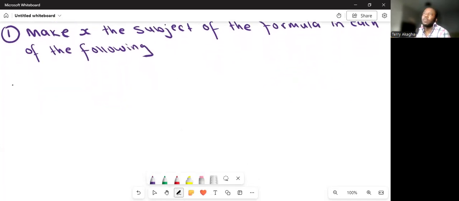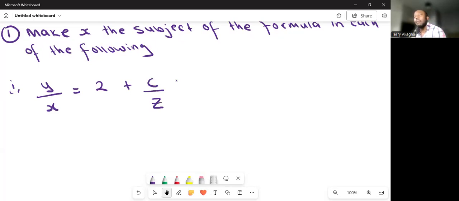So number one, let's say we have Y divided by X is equal to 2 plus C divided by Z. Like I always say, I prefer to get rid of the fractions immediately.